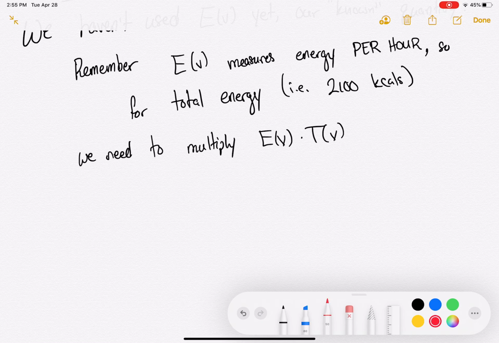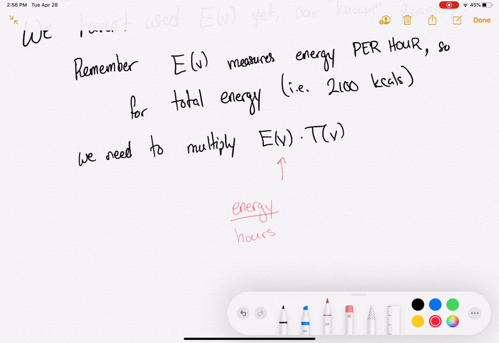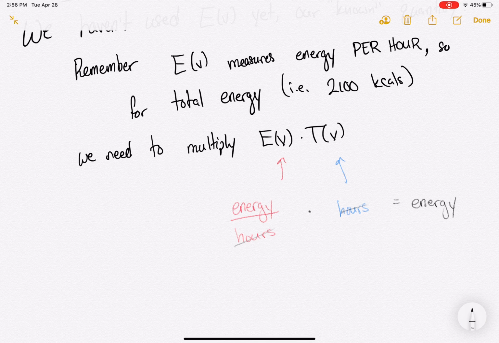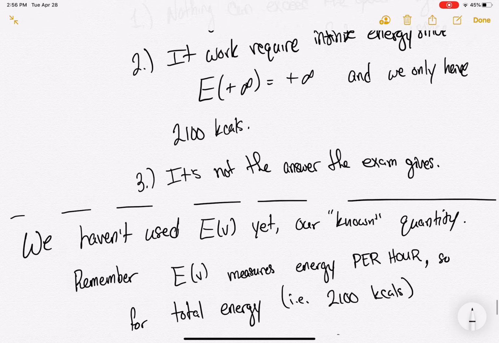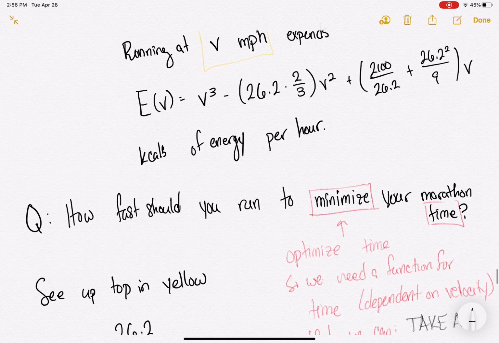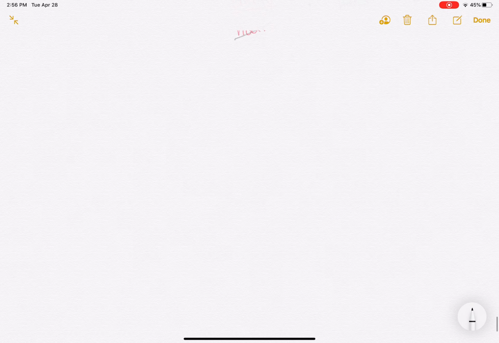This is energy per hour, energy over hours, and you multiply it by the number of hours. All of a sudden, those cancel, and this equals energy. Okay, so we have T of V here, it's 26.2 divided by V, and we have E, it's there. So let's just write that out.